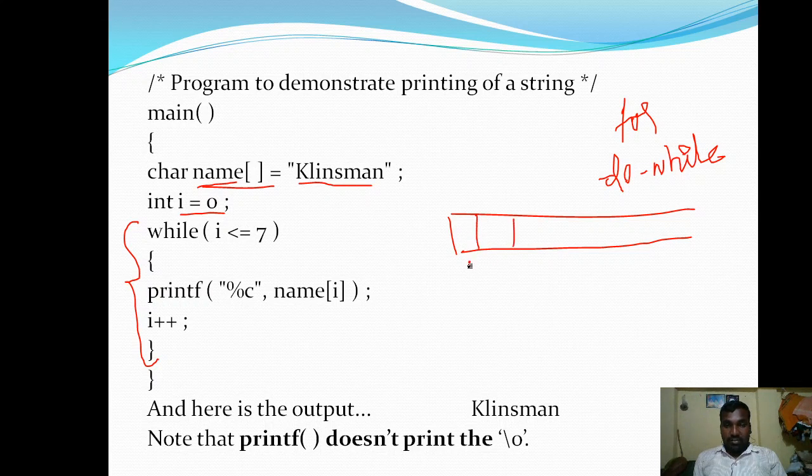That index value must start from 0, so the index value of a single dimensional array, or any array, starts from 0. And here I only supplied the string. I know the number of characters available in this particular string.